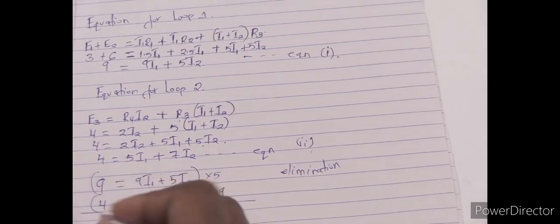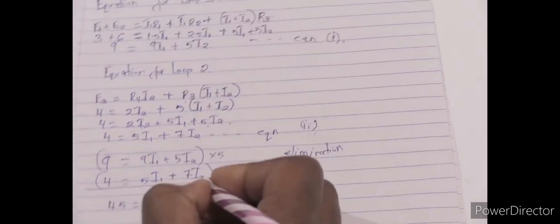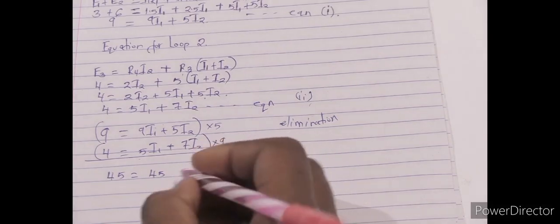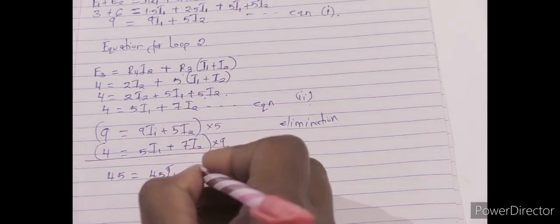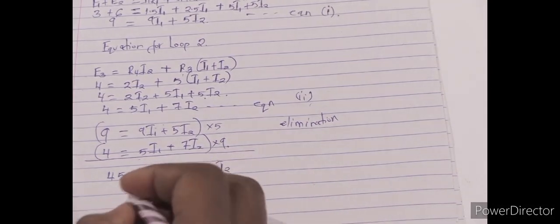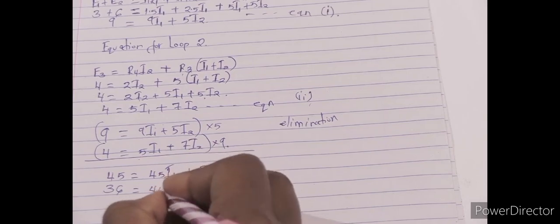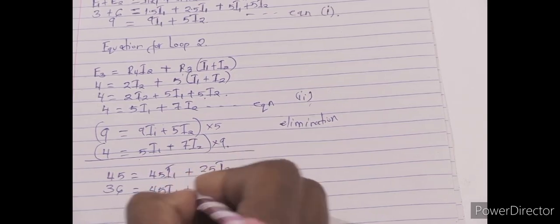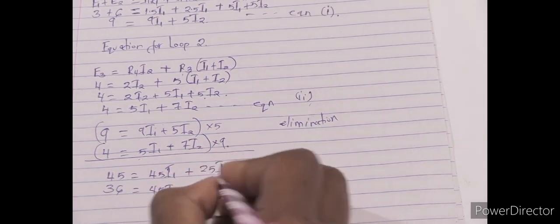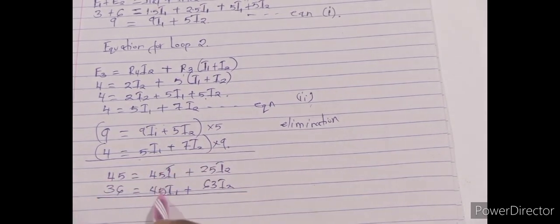So you're going to have 45 is equal to 45 I1 plus 25 I2. And then we have 36 is equal to 45 I1 plus 63 I2. So how do we eliminate?